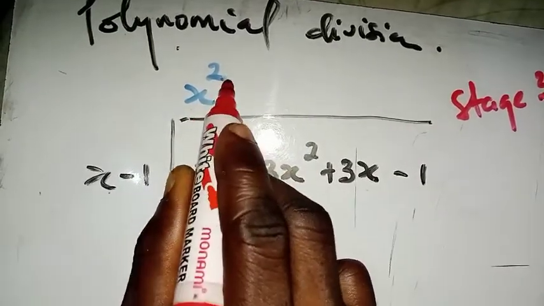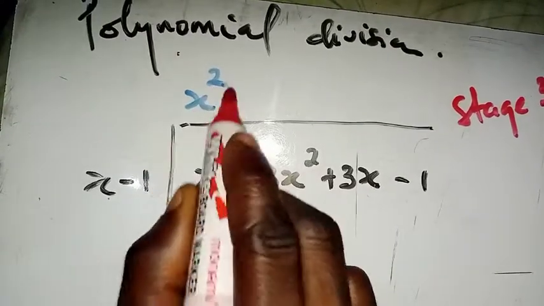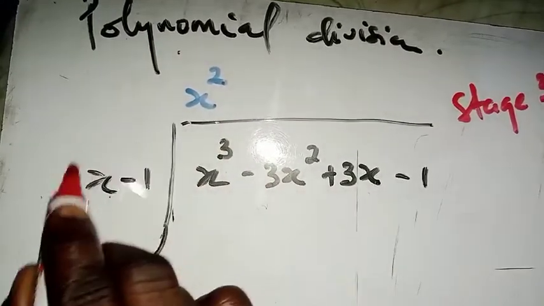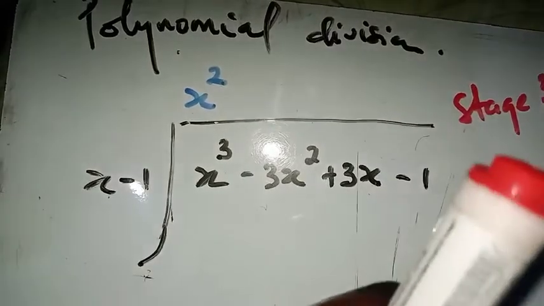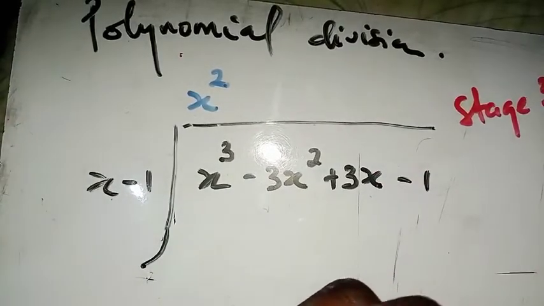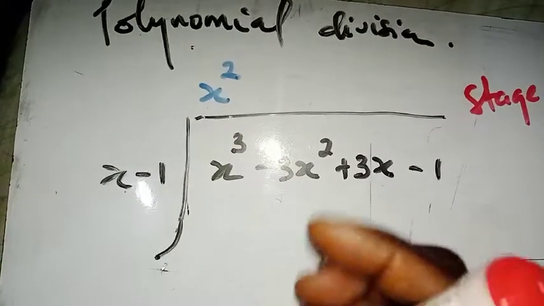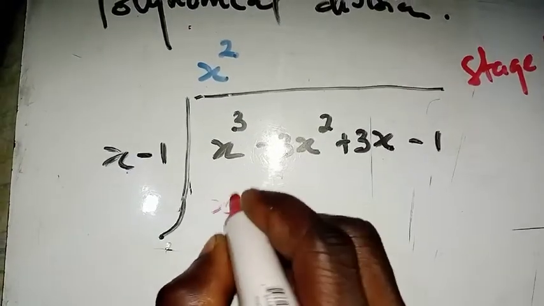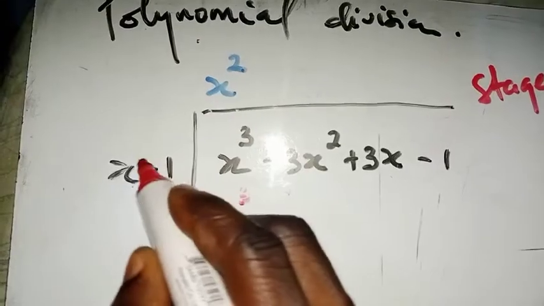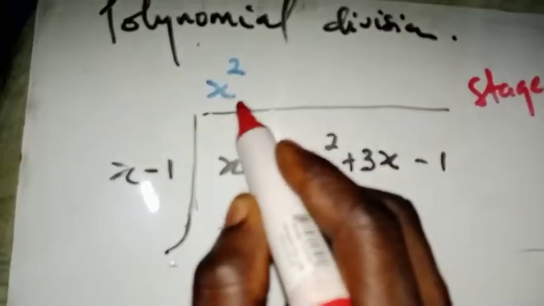So if I take this x squared, what am I going to do? I have to take everything here and multiply by everything here. We take the x squared and multiply by x minus 1. So x squared multiplied by x gives x exponent 3. Anytime you multiply, we add the indices; that's the law of indices.